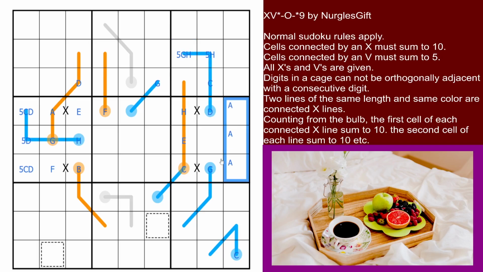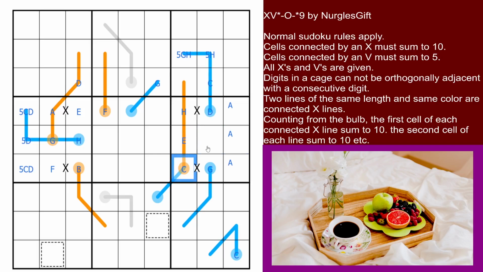Now A must be here, right? Because A cannot be there. DH. Anything here? F, no, right? 5CDs, we have removed that. Okay, that's fine. So now, what about this one?